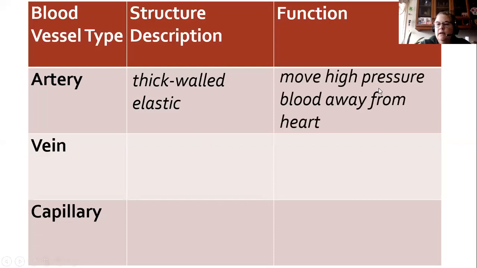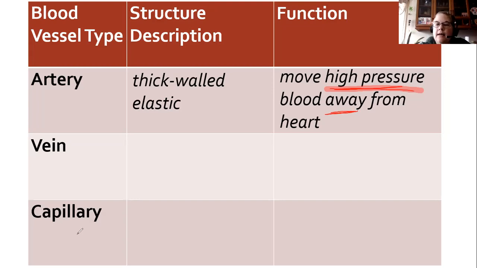The other thing we want to remember is that it's high pressure blood. Artery blood is higher pressure and it's away from the heart. Those are really the key things I want you to remember. High pressure, and away from the heart. So those are our key ideas when we think about an artery.